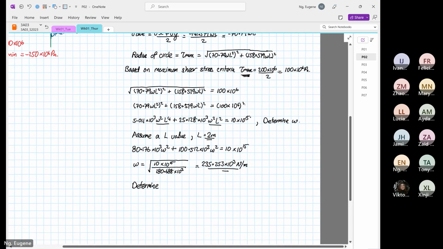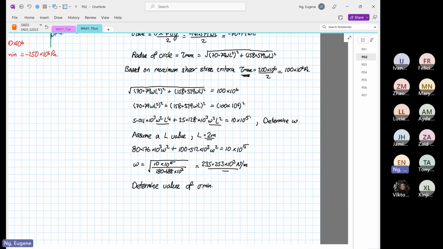So we know stress minimum is equal to the stress average minus the tau max.